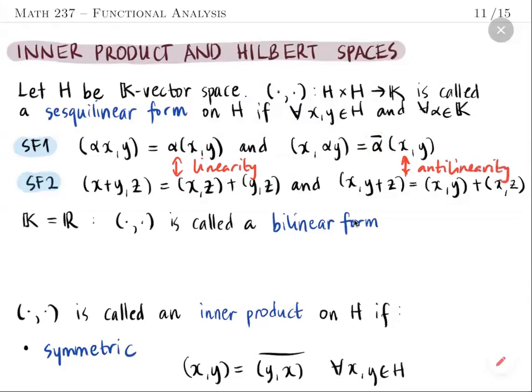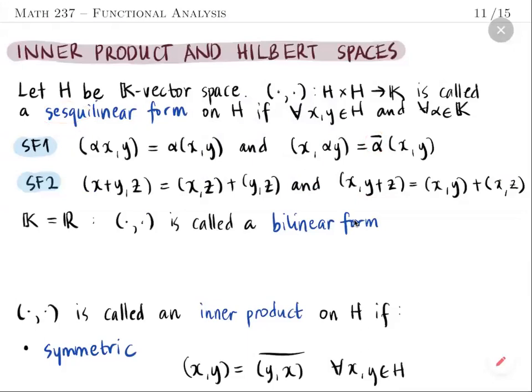or conjugate linearity. The word sesqui is Latin and means one and a half. So you can think of this as linear and a half linear. And by that, we mean that it is anti-linear or conjugate linear. So instead of just pulling out the scalar, you need to take the conjugate of the scalar if the scalar appears in the second argument.